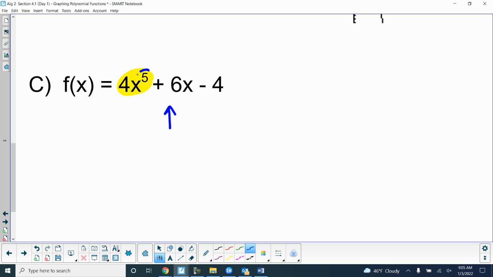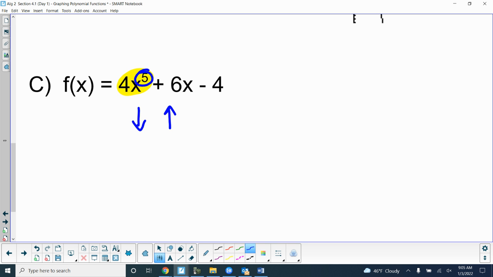And I have an odd degree, so that means far left is down. Okay? So always look at far right first. I look at the positive or negative leading coefficient. And then I look at odd or even. Odd, opposite direction. Even, same direction. Okay? If you need to check, plug it into your calculator.